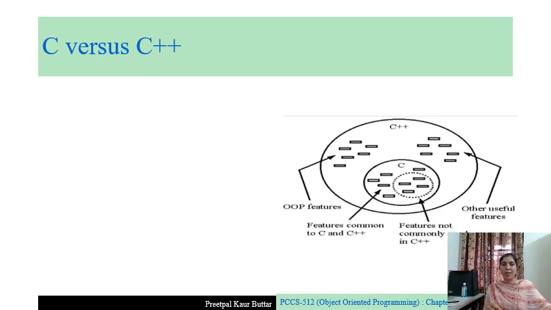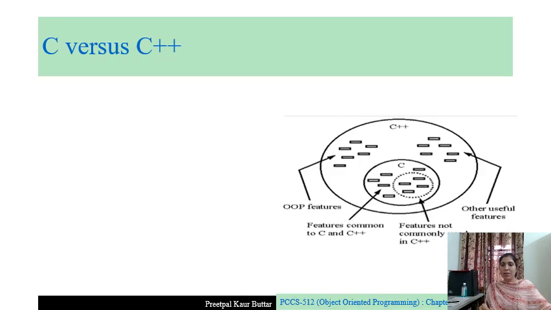When we compare C and C++, we find that C++ has many of the features which are there in C. If we look at this diagram, this is the C language. The C language has a set of features, and these features can be divided into two categories. These are the features which are not commonly used in C++, and these are the features which are common to C and C++.